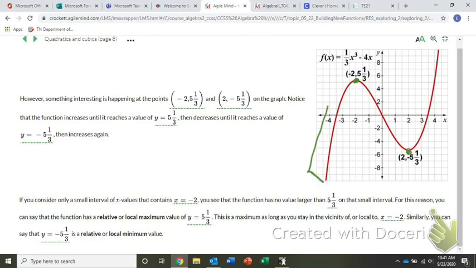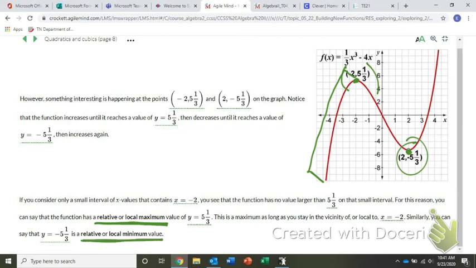So from here to here, my graph is increasing, right? This is the maximum point. This is called the relative or local maximum. Right here is going to be my relative or local minimum.